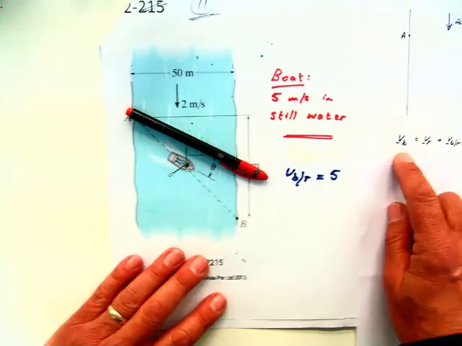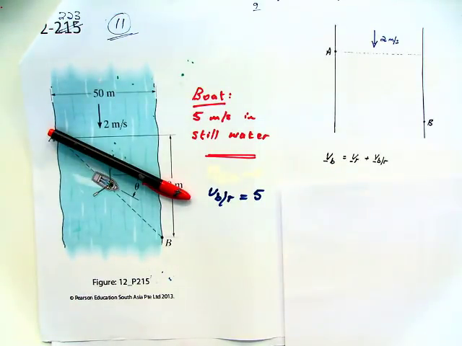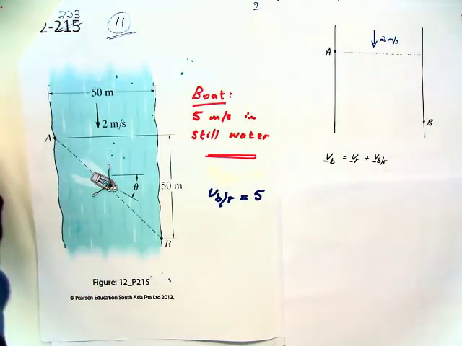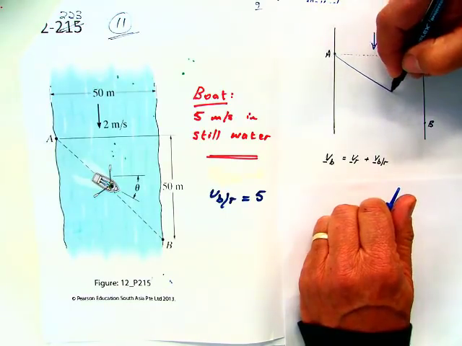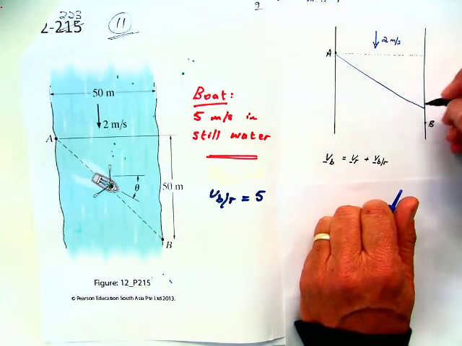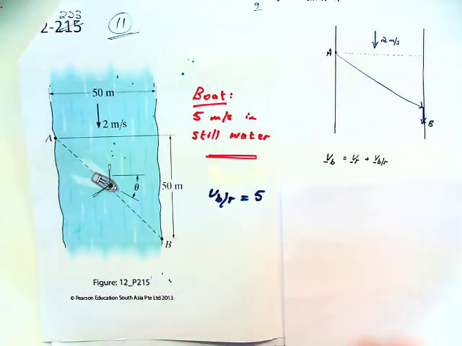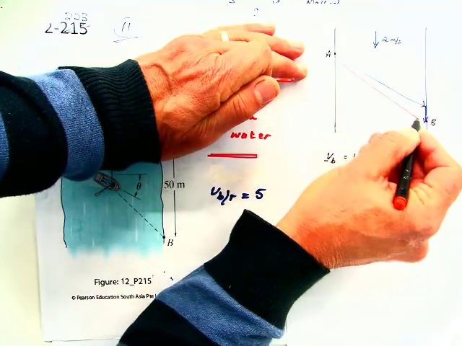The velocity of the boat is the final velocity of the boat, the final velocity and direction. So you're going to steer the boat in, say, this direction. But now the river is going to take it down in that direction. So the resultant is going to be here.